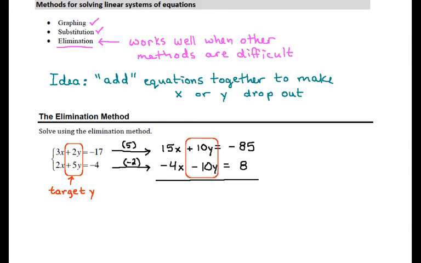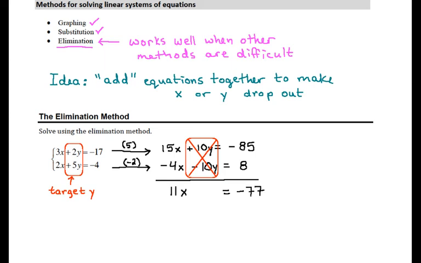We can now see how when I get ready to add these equations together, the y's are set to add to 0, which makes them drop out of the equations. So 15x minus 4x gets me 11x, and negative 85 plus 8 gets me negative 77.